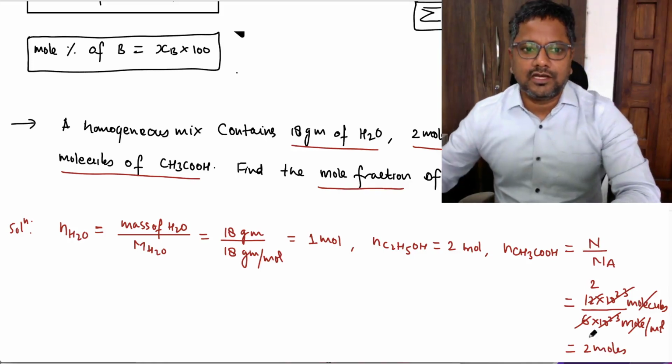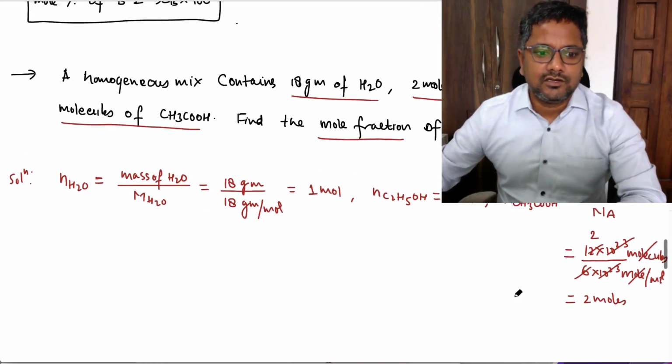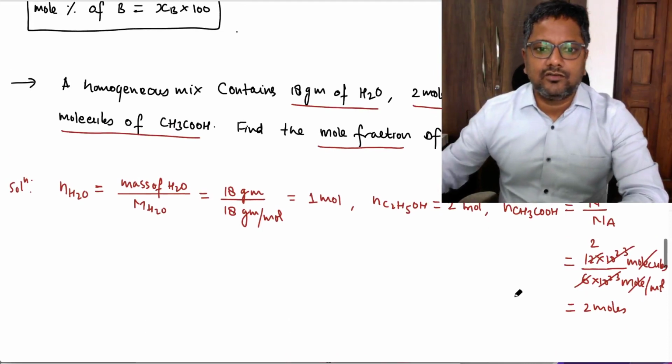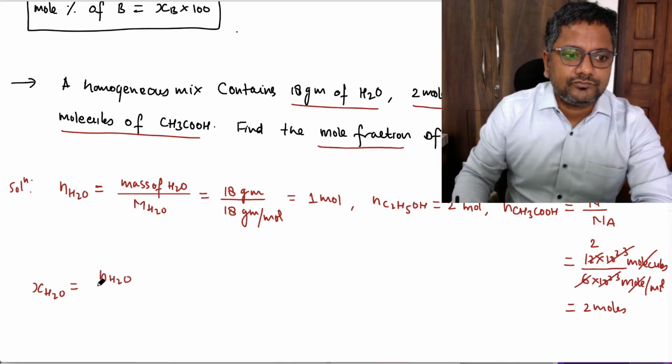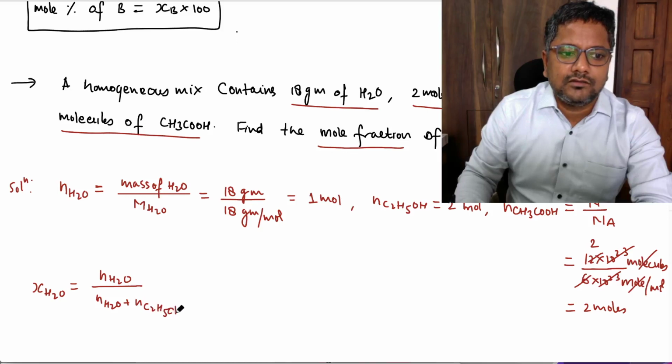Now your question can be easily solved. Mole fraction of water is equal to moles of water divided by moles of water plus moles of ethyl alcohol plus moles of acetic acid, right?